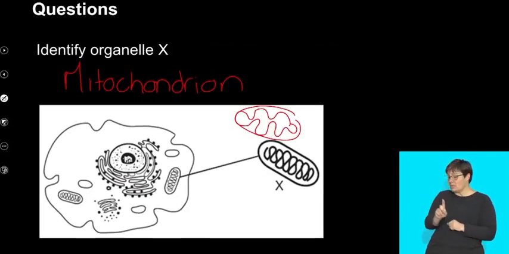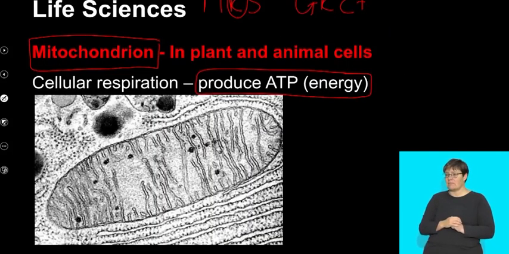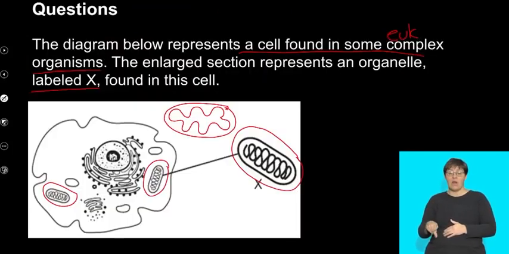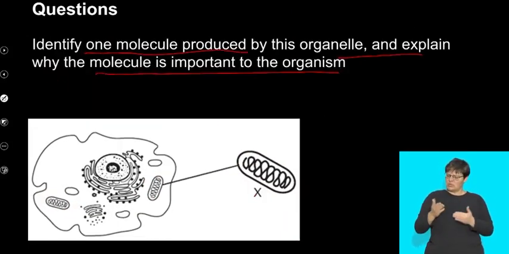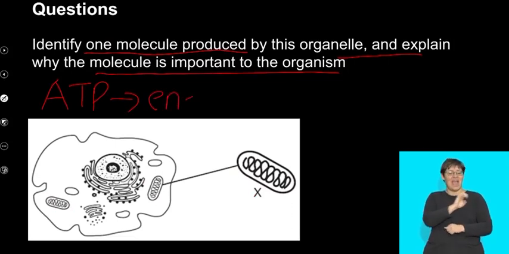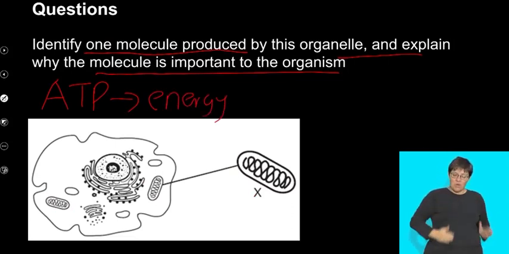Have a look over here. I'm going to go two back. It produces ATP and we need it for energy. So if I go to this question, what's the one molecule produced? ATP. And why is it important? We need it for energy for our body to work, to function.